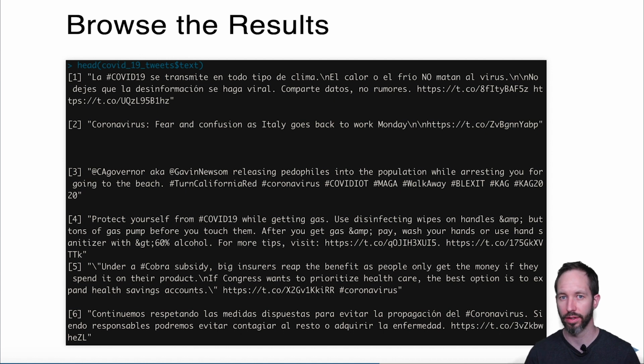Note that they're coming in different languages. We can, with search tweets, specify that we only want to look for certain languages or in certain places. But here's a kind of taste of what you might be seeing. Take a minute and try it out. Maybe try out some other search terms and see what you come up with. Get a feel for how this basic function works and what the data look like.